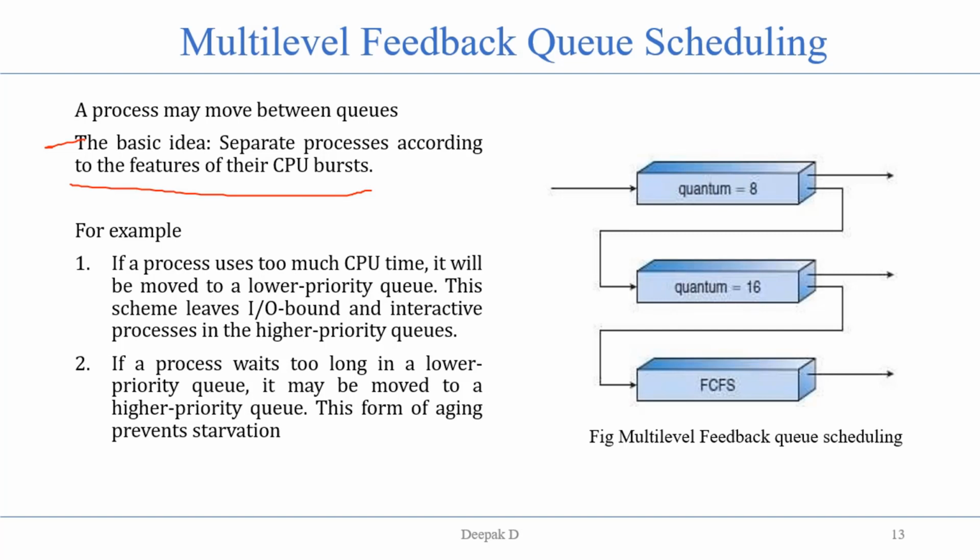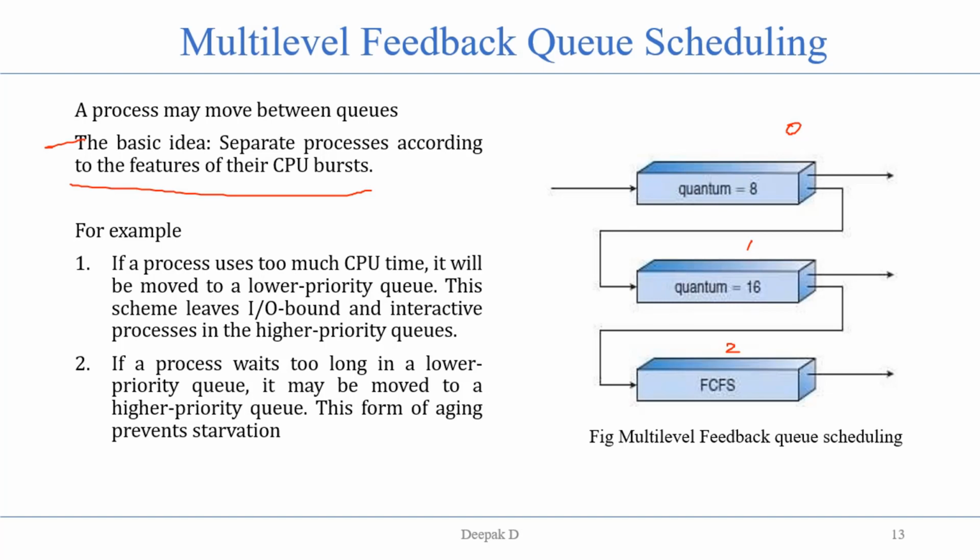I can label them 0, 1 and 2. Whatever process comes first is given to the 0th queue, so all the processes in queue 0 will execute first. Only when queue 0 is empty will the CPU be given to the processes waiting in queue 1.